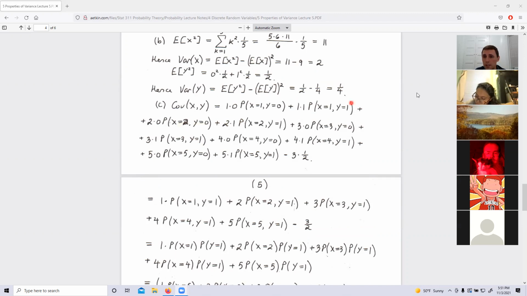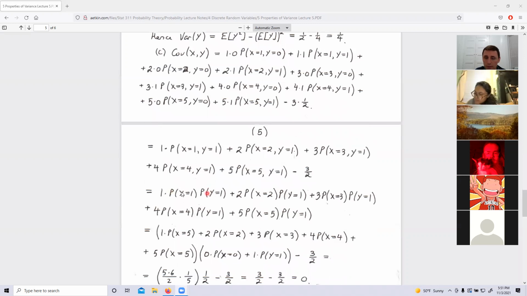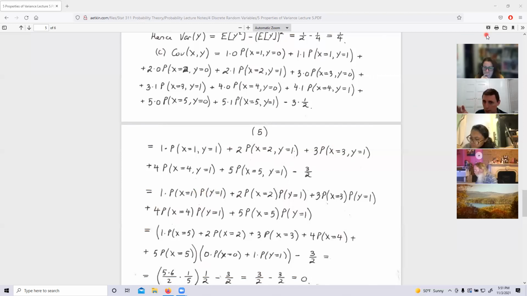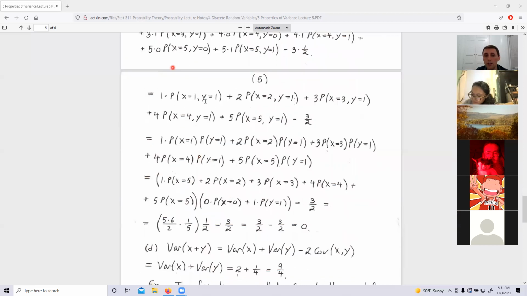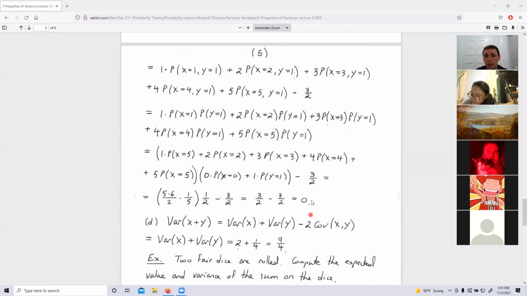Regardless, you would end up with this calculation, because you have, let's say, probability x equal to 1 times probability y equal to 1, given that x equal to 1. But it doesn't matter, right? It's always 1/2 for y equal to 1 or y equal to 0. You carry this long and annoying calculation, and you get 0.